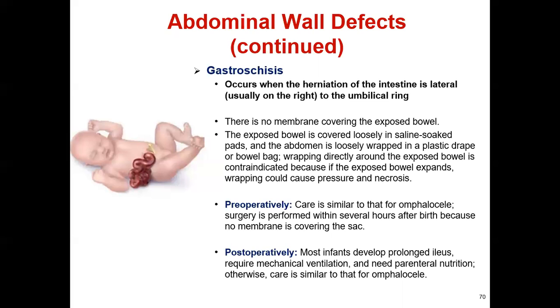And preoperative care is similar to that for omphalocele. Surgery is performed within 7 hours after birth because no membrane is covering the bowel. Postoperatively, most infants develop prolonged ileus and require mechanical ventilation and need parenteral nutrition.